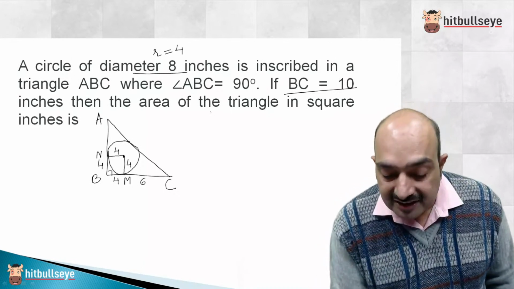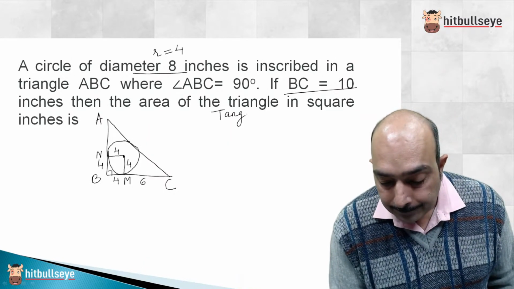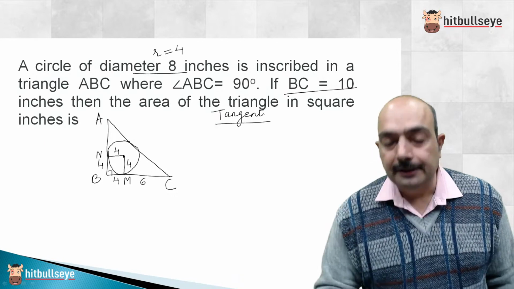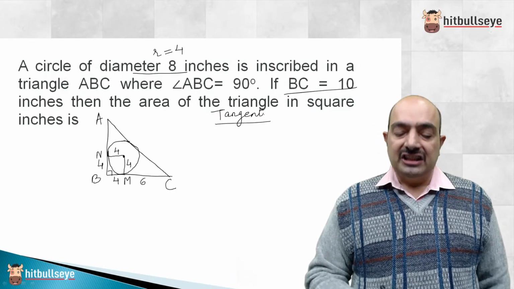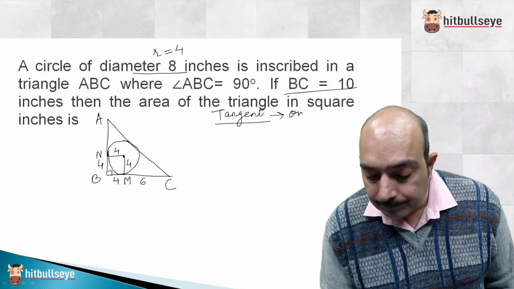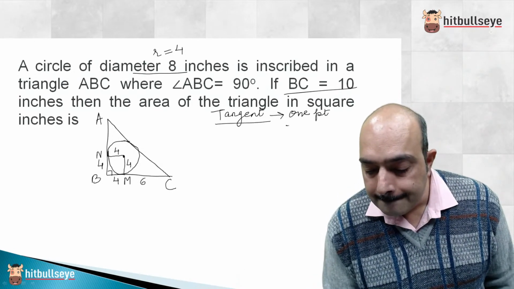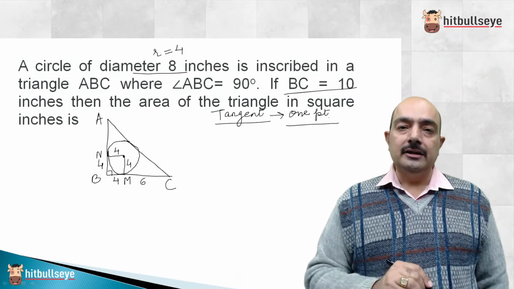Please observe. The concept is this. You must have heard of tangent. Can I say tangent is the line which touches the circle at one point? Yes, we know that.